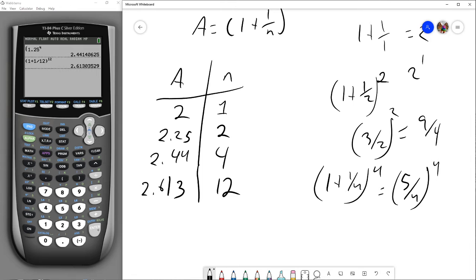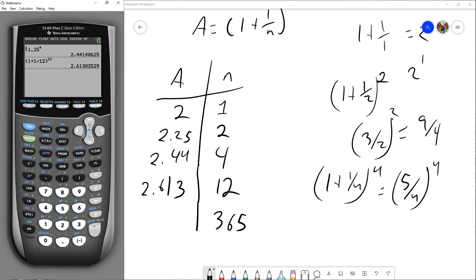But how much would we make if we compound interest daily, 365? So if we did 365, then we can calculate that out. So 1 plus 1 divided by 365 to the 365.